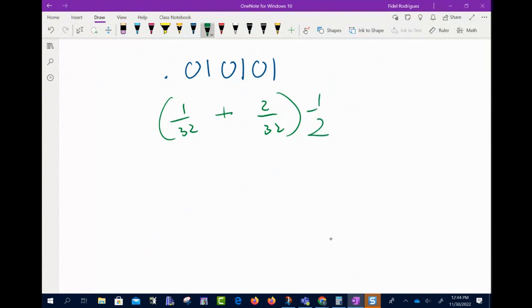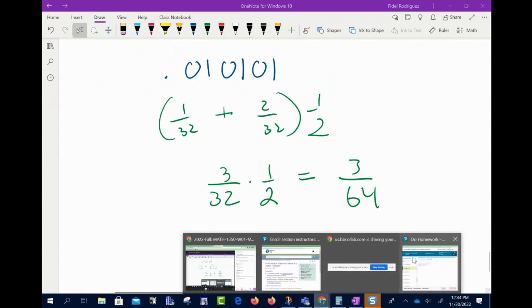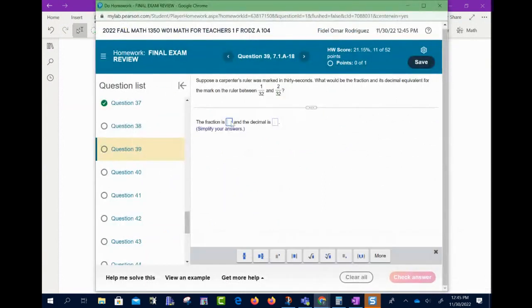So look, 1 over 32 and 2 over 32 is going to be 3 over 32 times 1/2. If I were to multiply this straight across, that would give me 3 over 64. Okay. So the fraction part of it, guys, should be 3 over 64. So right here, I'm just going to put 3 over 64.